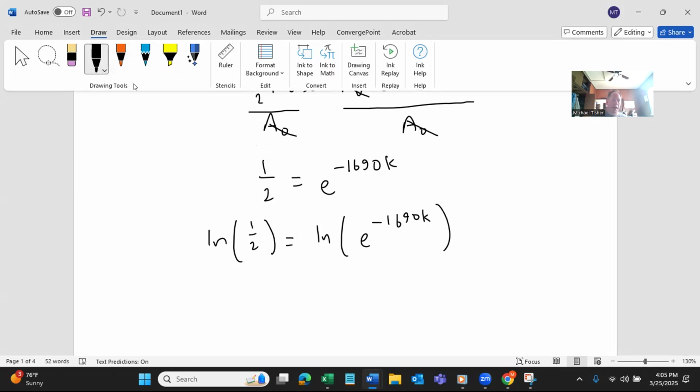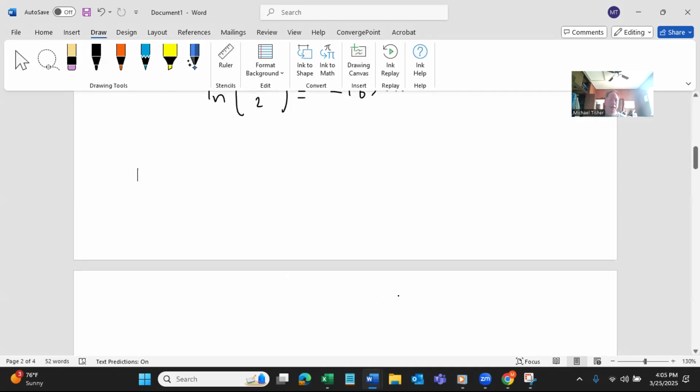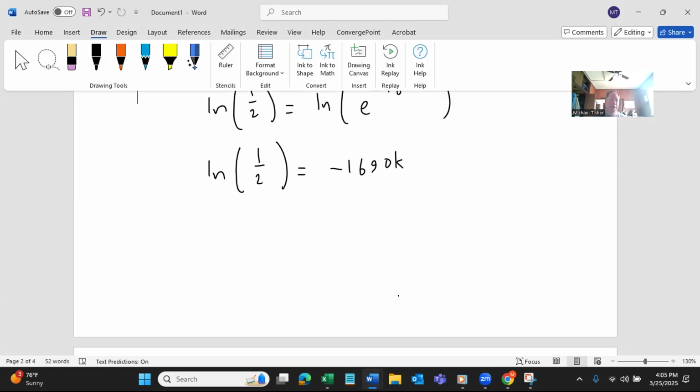We'll calculate ln of one half later on, so let's just bring it down for now. The ln and e essentially cancel each other out, and so we're left with negative 1690k. Now to get the k by itself, let's divide both sides by negative 1690.